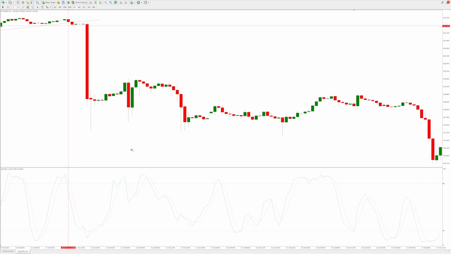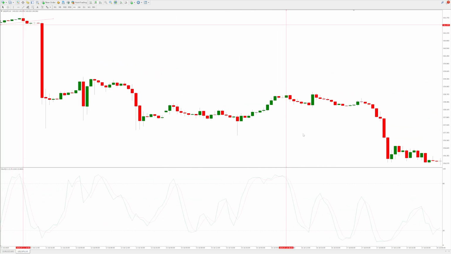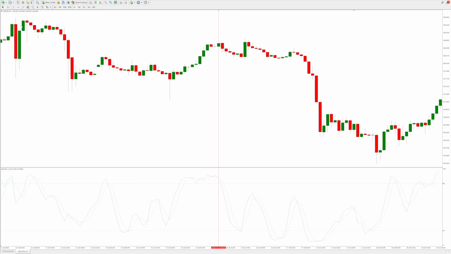Good thing about the stochastics is it's easy to understand, and you can find crossovers, potential entries all the way down the trend.